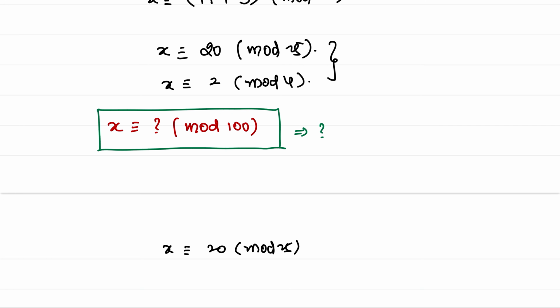When x is divided by 25, it leaves a remainder 20. That means can we write it as x is equal to 25 into t, some value t, plus remainder as 20?